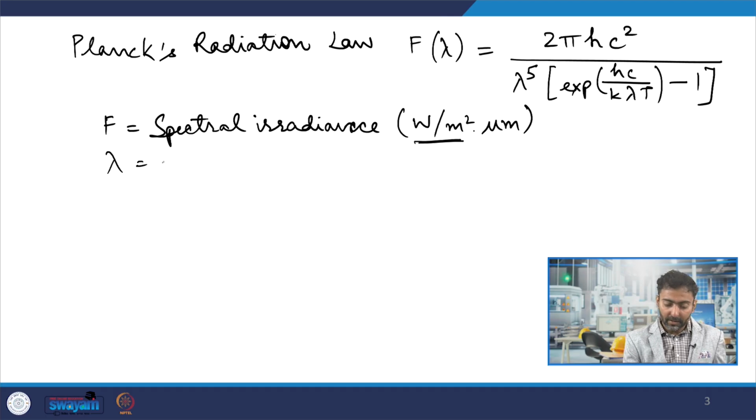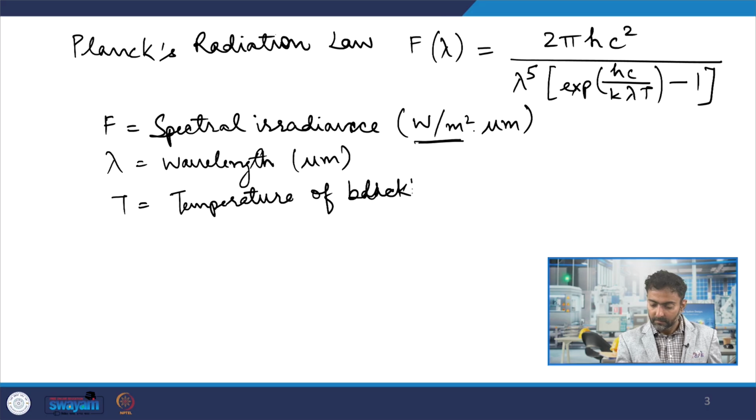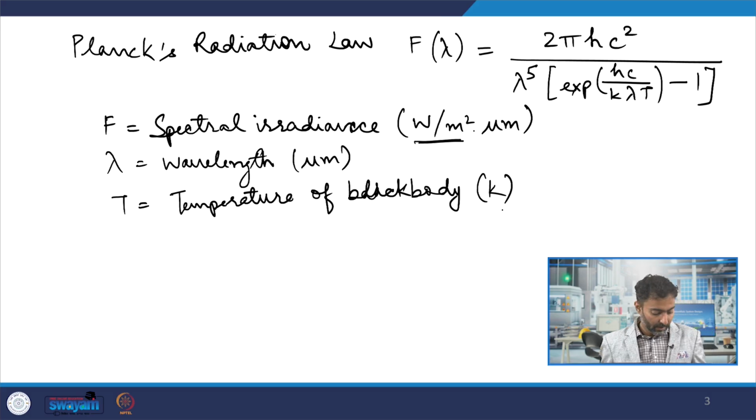Lambda in this equation, as we just looked at, is the wavelength of light under consideration, which can be in micrometers. And then you have T, the temperature of the black body under consideration, with the unit of Kelvin.